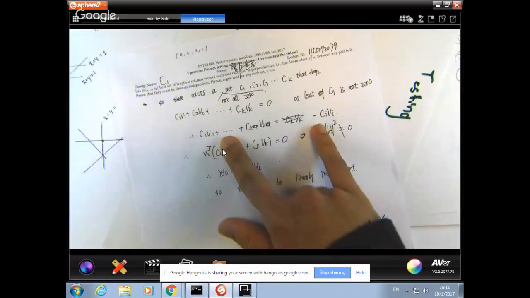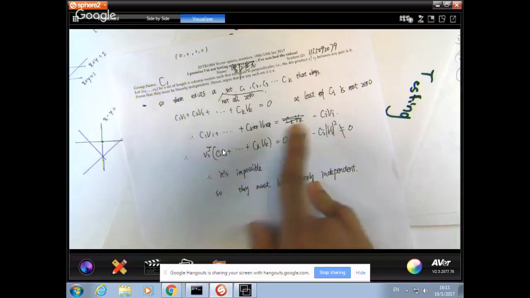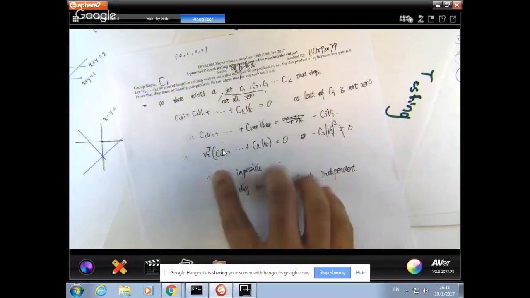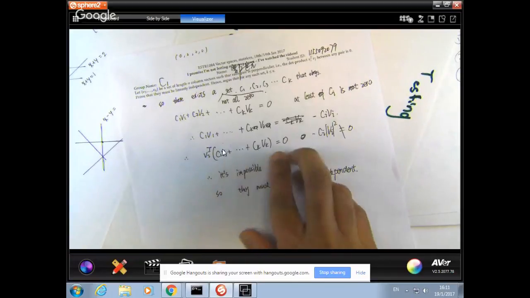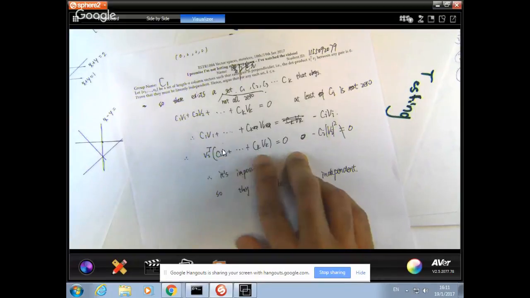Now you use the property that the Vi's are perpendicular to each other. So multiply both sides by Vi transpose. Since Vi is perpendicular to all other vectors, Vi transpose V1 is 0, Vi transpose V2 is 0, and so on, Vi transpose Vk is 0.